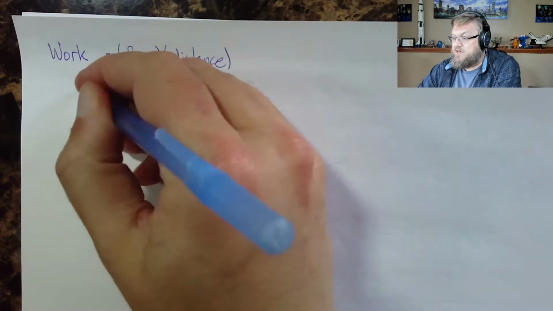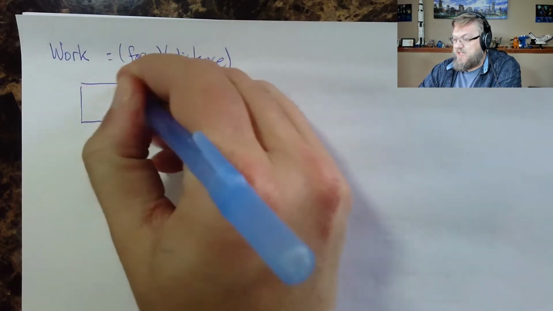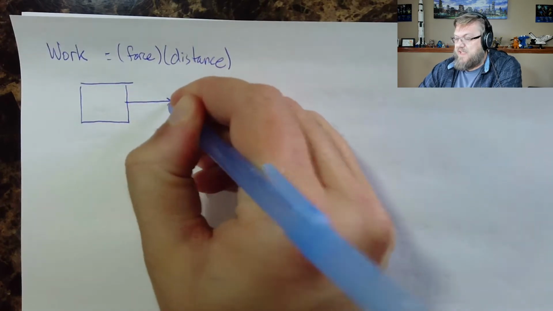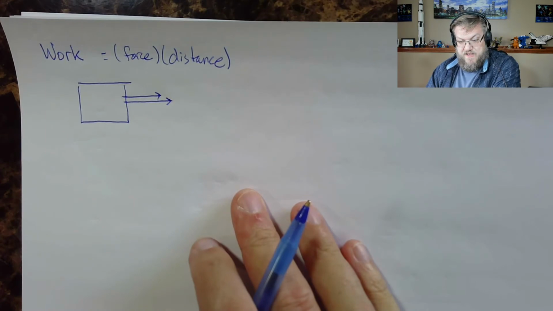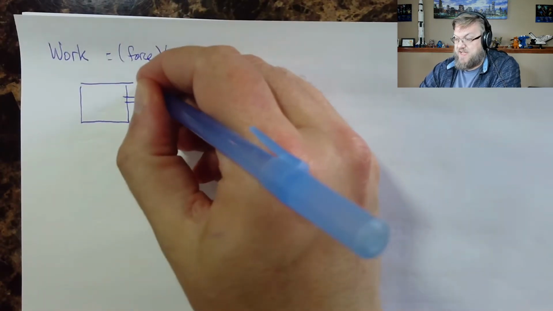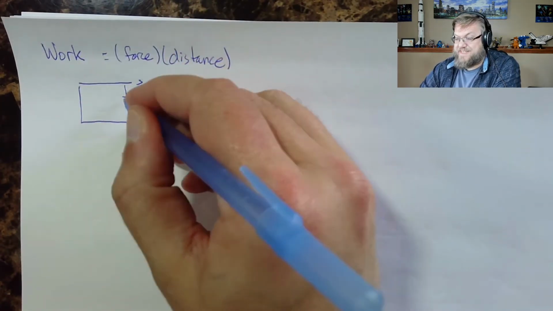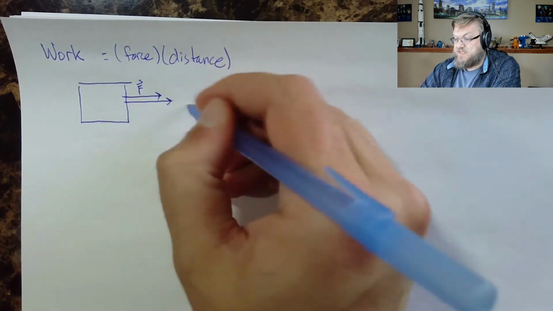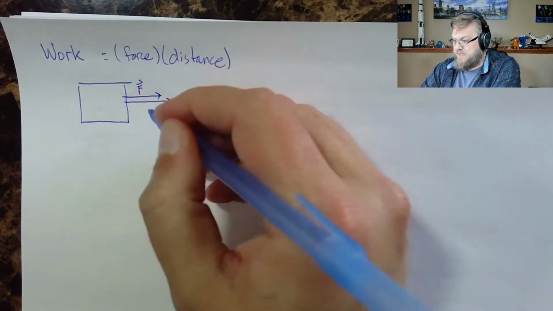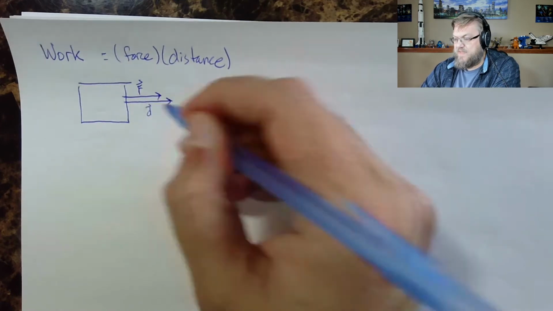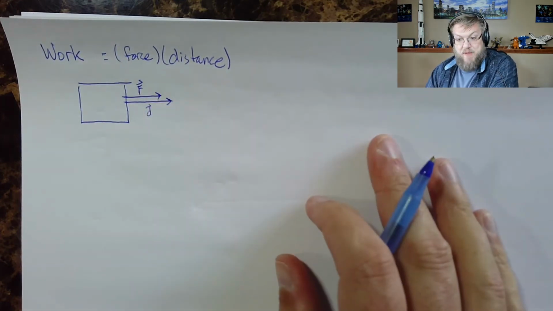In other words, here's a box, and I apply a force to it, and it moves in this direction as well. And so the force that I apply is working exactly in the same direction as the displacement, or the distance vector. Those are the same direction, those are parallel.